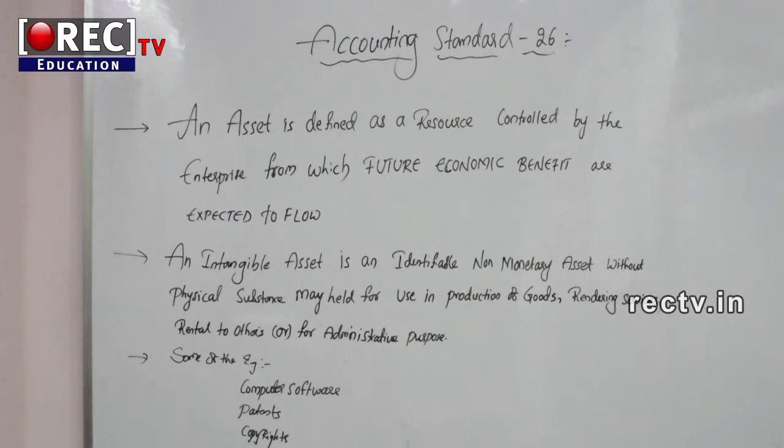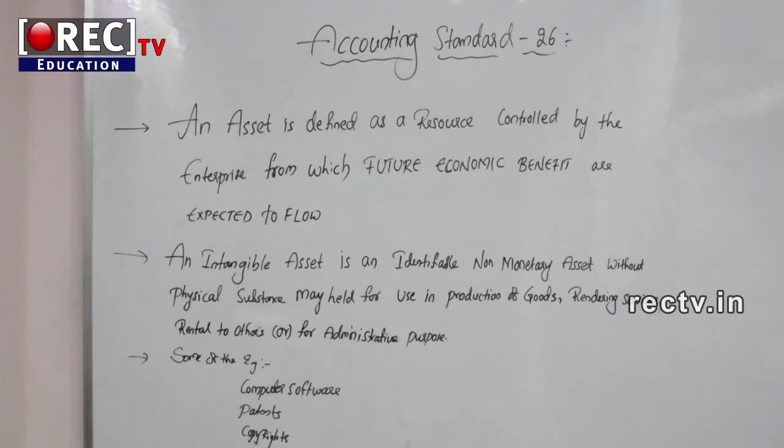For example, you are going to purchase software and it is stored in a CD. Here the software cost is 11,950 and the CD cost is 50 rupees. So when you are determining the intangible asset value in the balance sheet, you should show it as 12,000 including the CD cost. That is why we say the cost of the container is usually immaterial and therefore included in the cost of intangible assets.